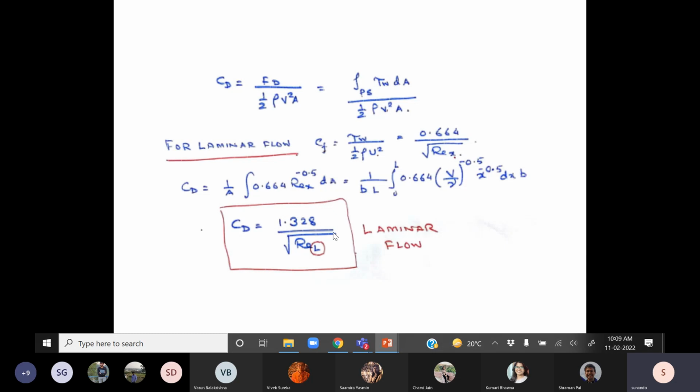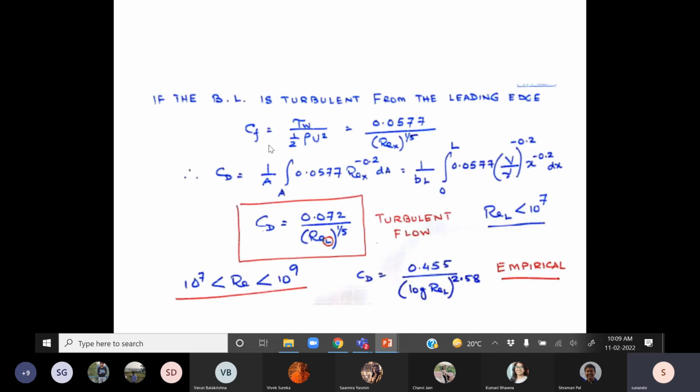In a similar fashion, one would be able to obtain the CD for the case of turbulent flow. We also realize the relation that we have for turbulent flow. When you substitute that in exactly the same way as before, I am not going through all these steps, what you would get is CD equal to 0.072 by Re.